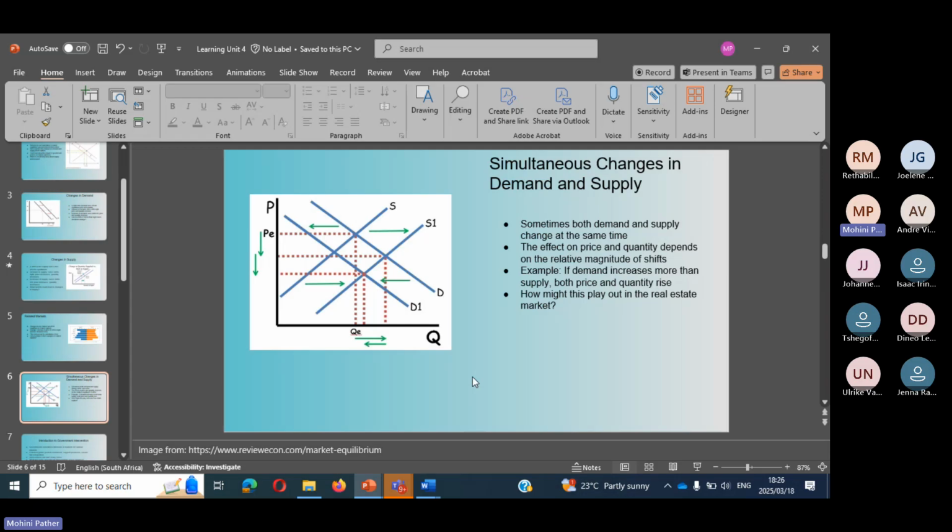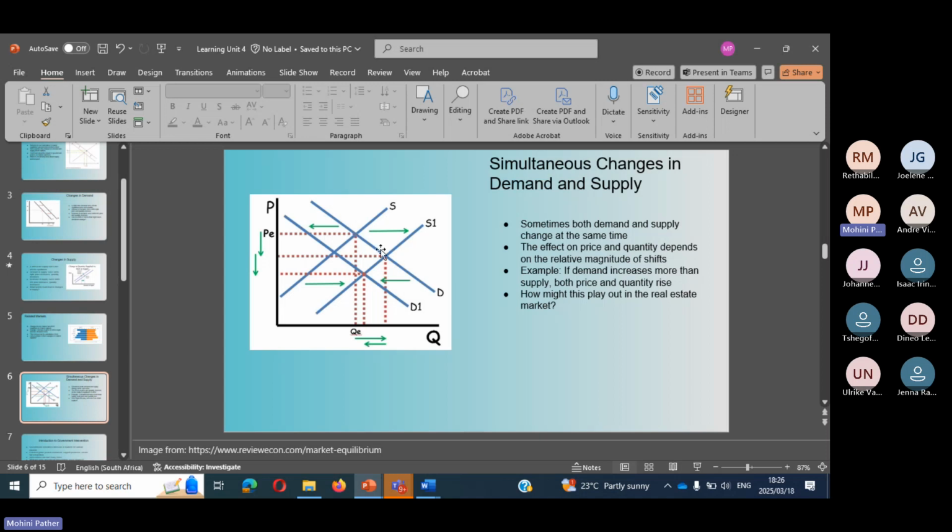Okay, let's use our butter scenario right here. Or maybe, let me see, what are we doing here? Yes, this is a bit of butter and margarine.